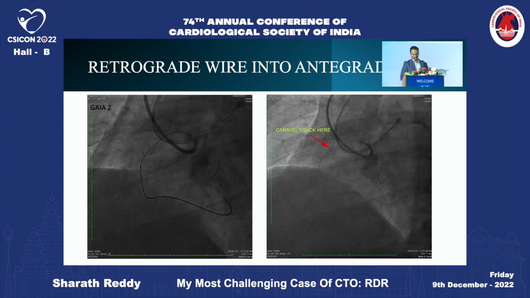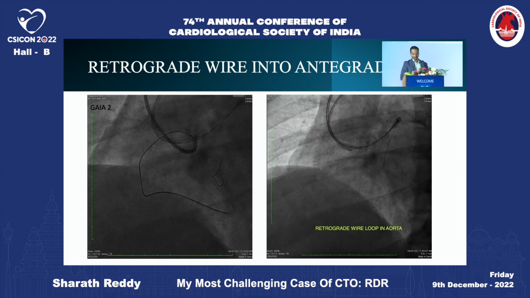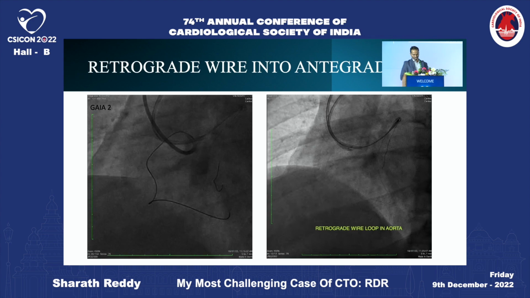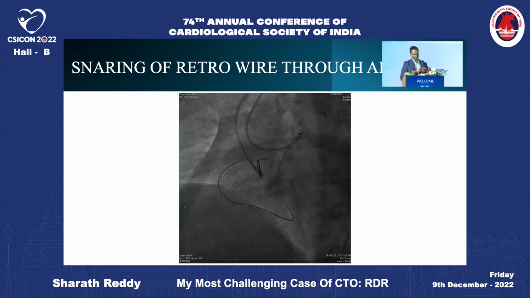Caravelle was not advancing across the CTO. So that's when the retrograde wire, which was in the antegrade guide, looped in the aorta, and we were not able to again retain the position. So this is the next failure I had.